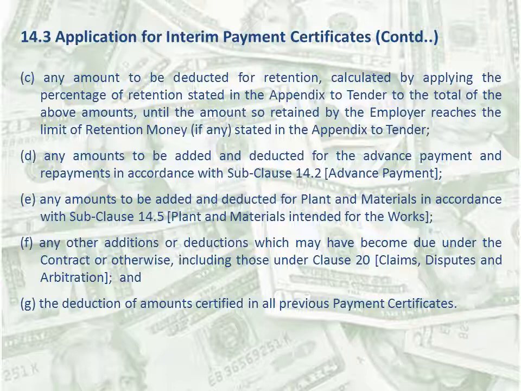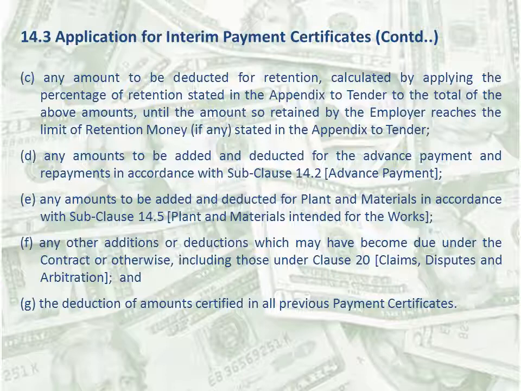D. Any amounts to be added and deducted for the advance payment and repayments in accordance with subclause 14.2, which is advance payment. E. Any amounts to be added and deducted for plant and materials in accordance with subclause 14.5, which is plant and materials intended for the works.